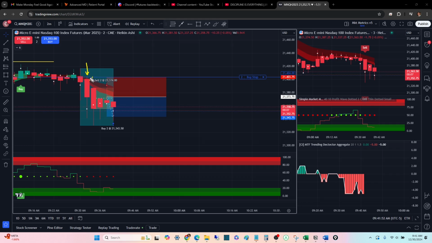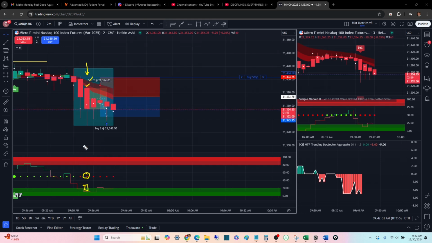We had the profit wave, we had an HA candle, we had a red dot, and this red MFL line. So those were the 4R for my entry confirmation. And then the actual entry was here on this candle. You know what, I messed that up. Sorry. Let me redo that.